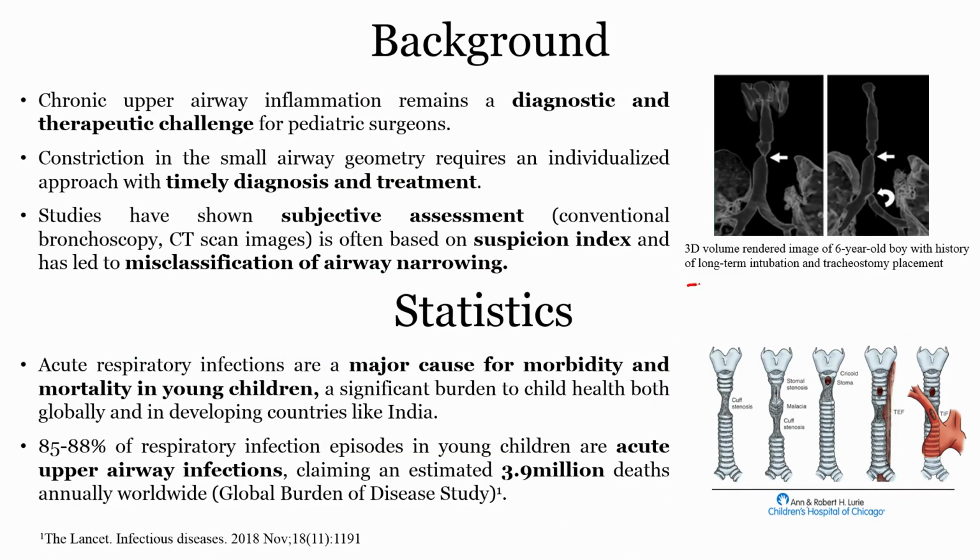This on the right side is a CT scan image, which is mostly 2-dimensional, and then you make it 3D. So, this is a 3D volume rendered image of a 6-year-old boy with a history of long term intubation. What is intubation? When you have a patient on a ventilator, an endotracheal tube is inserted.